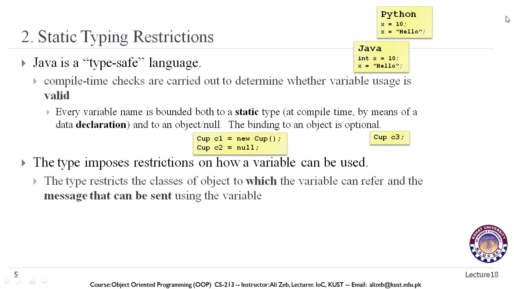When we have declared a variable as an integer, it can only take an integer value. In Python it is totally allowed, but in Java once we declare a variable with a certain data type, that variable is statically bound to that data type, and the usage of that variable is restricted only to the operations allowed by that data type.